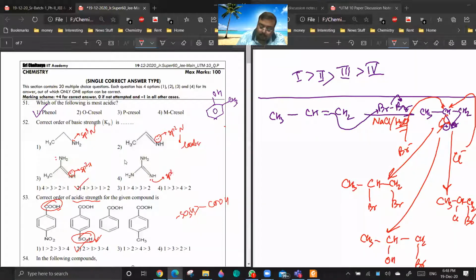But here, if you do a protonation and you get a positive charge, then this positive charge is delocalized to this nitrogen. Are you getting your point? Yes, sir.